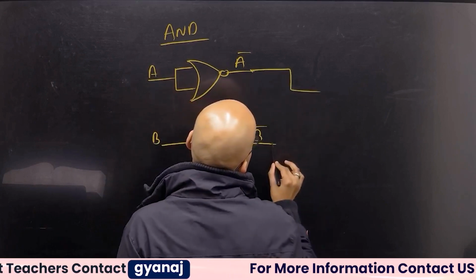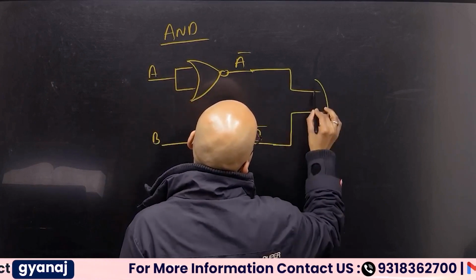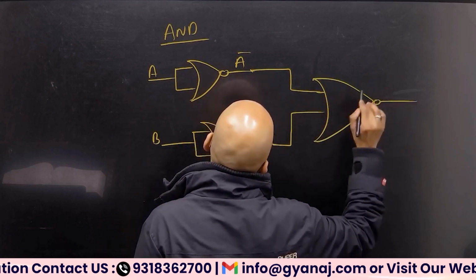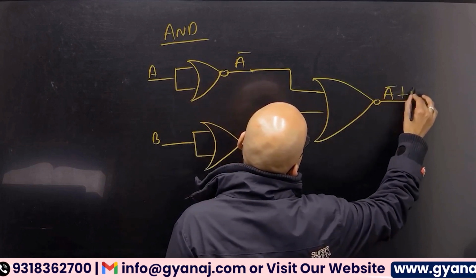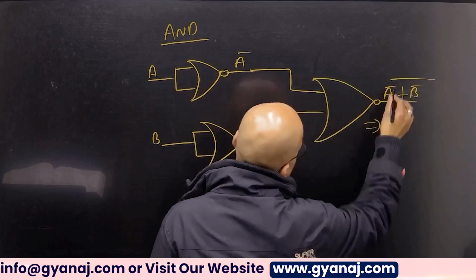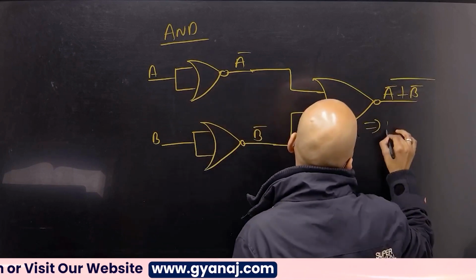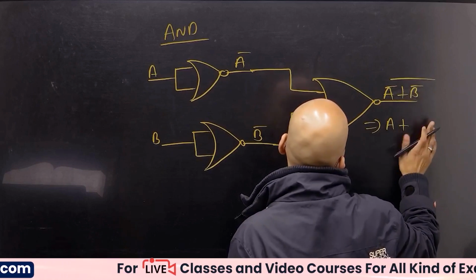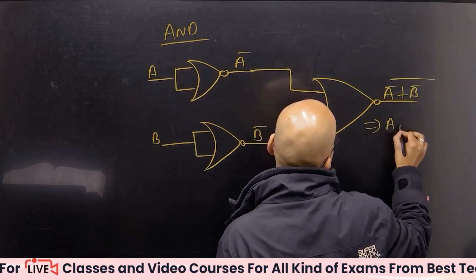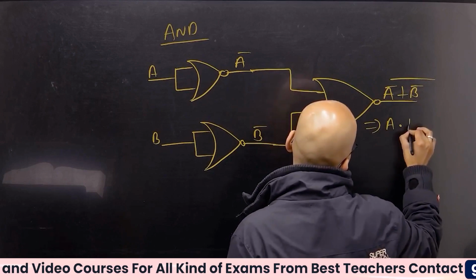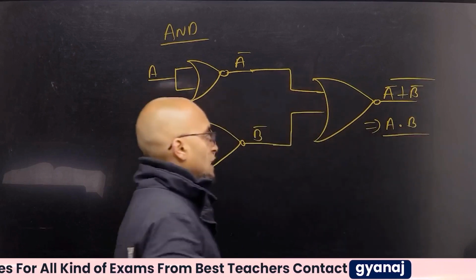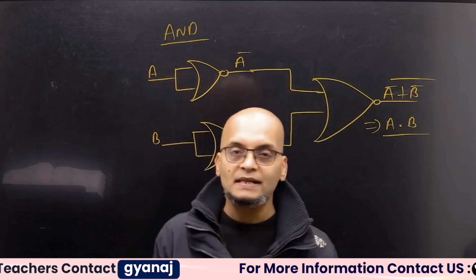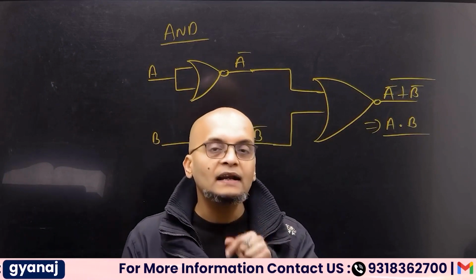Feed these two signals to your NOR. Whole complement. So pay attention: double complement of A, plus, and the complement of plus will give you dot, and again the double complement of B will give you B. So A dot B, that's what we wanted to realize. The AND operation means A dot B if A and B are inputs.